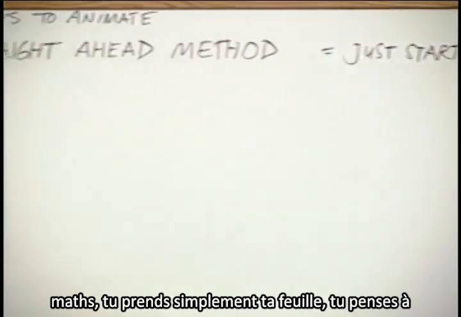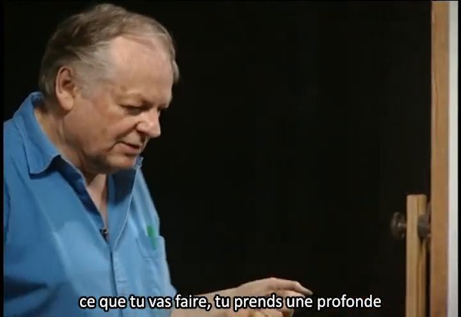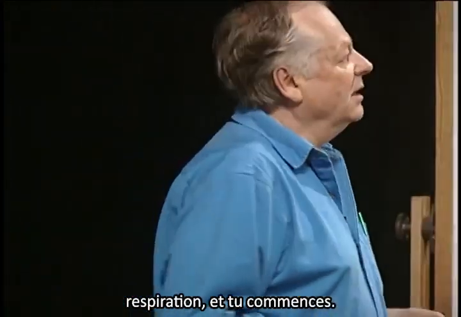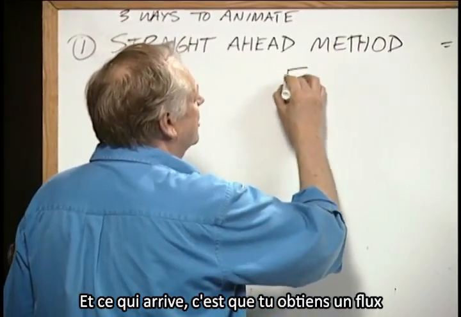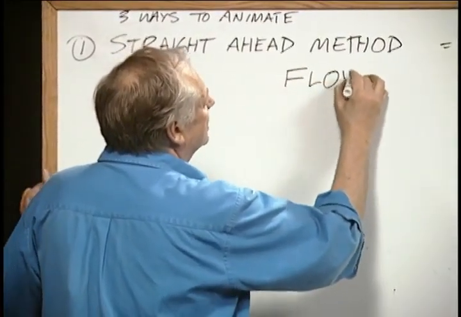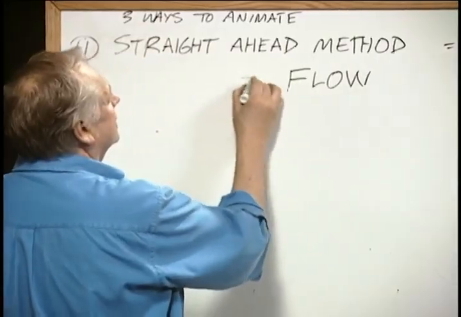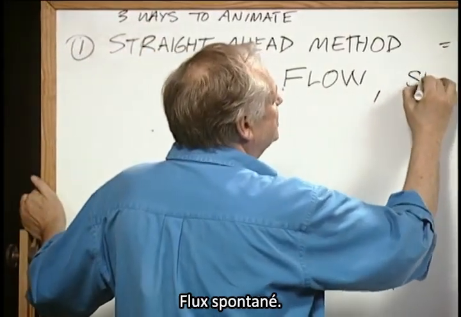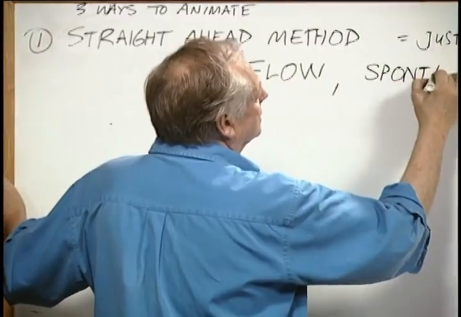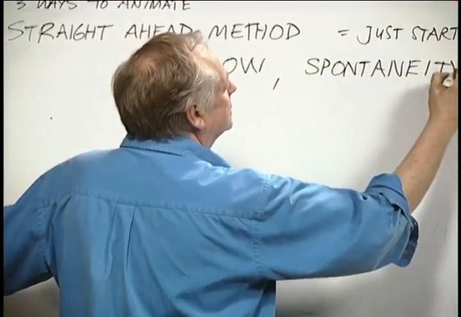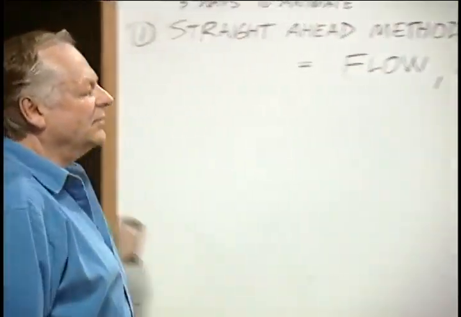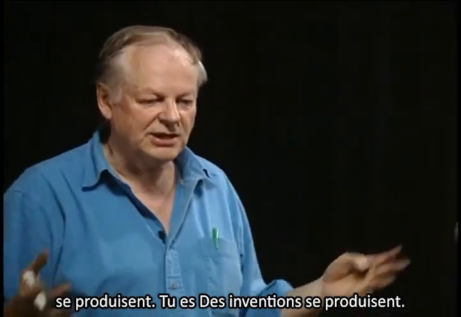You get your paper and you think what you're going to do, take a deep breath and start. And what happens is that you get a wonderful flow from it. Flow, spontaneity. Things occur. Inventions occur. Strange things occur.